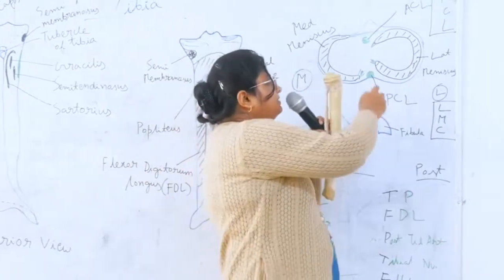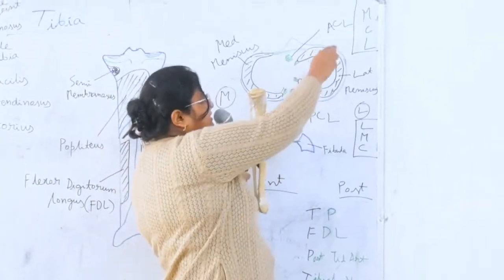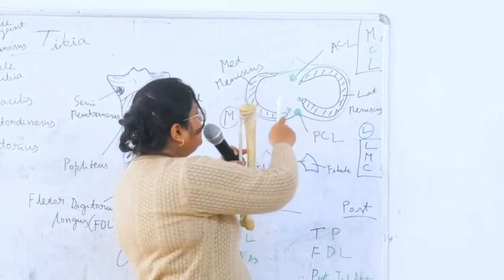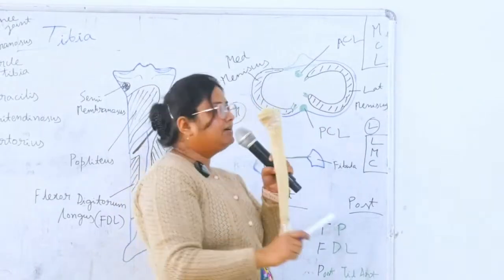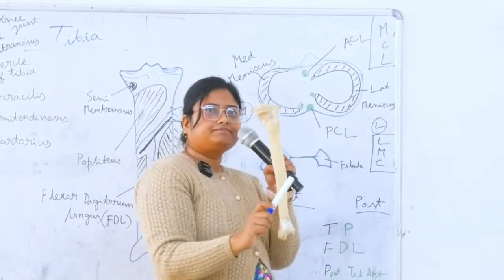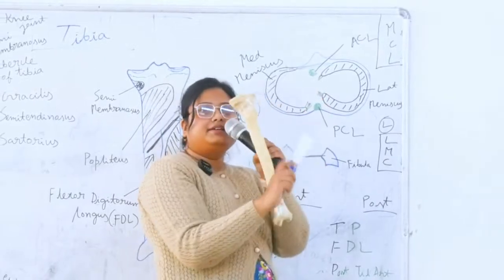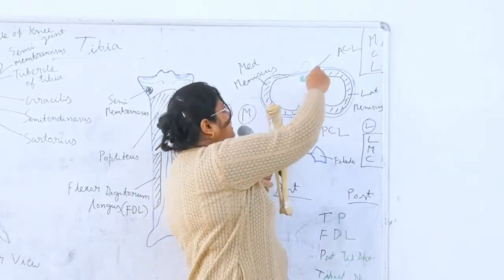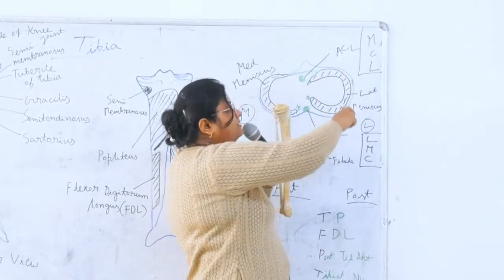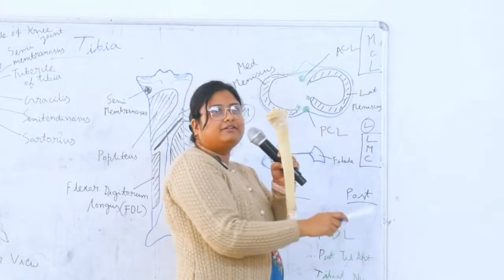If it is attached to the anterior part of the tibia, it is the anterior cruciate ligament, and if it is attached to the posterior part of the tibia, it is the posterior cruciate ligament. So these attachments are very important. Anteriorly remember Medical College Lucknow, posteriorly Lucknow Medical College.